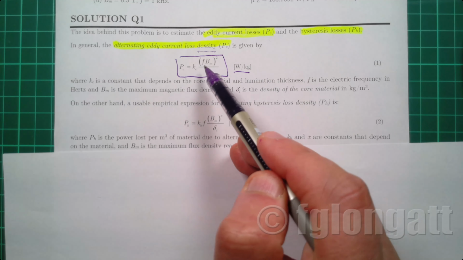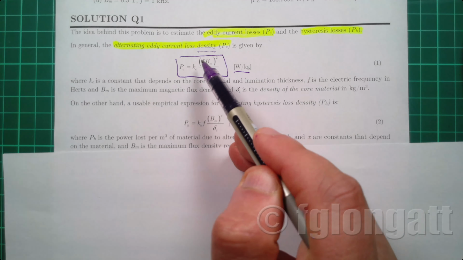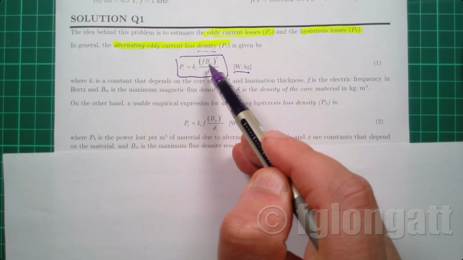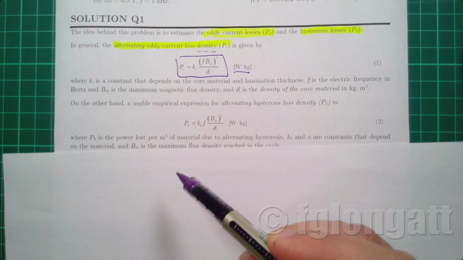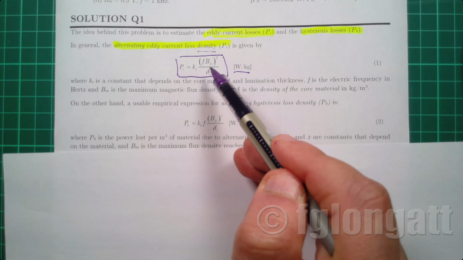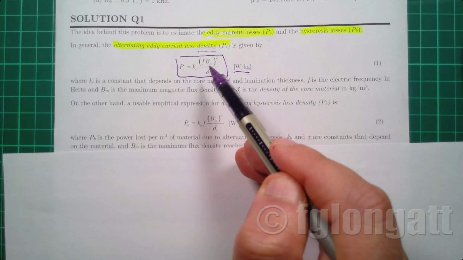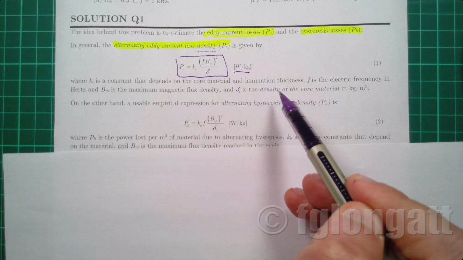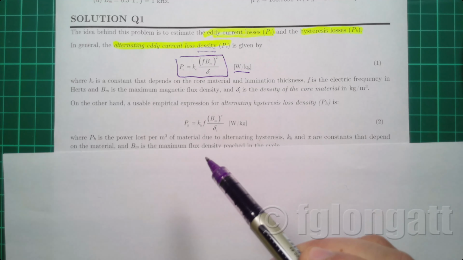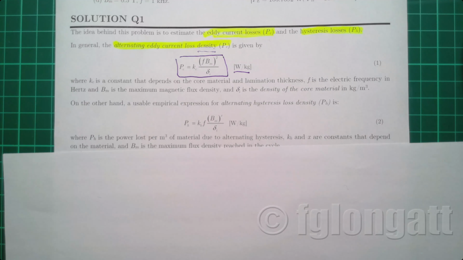And the equation is very simple because you can see inside this square we have the frequency and the magnetic flux density. And in the denominator you can clearly identify the density of the core material.